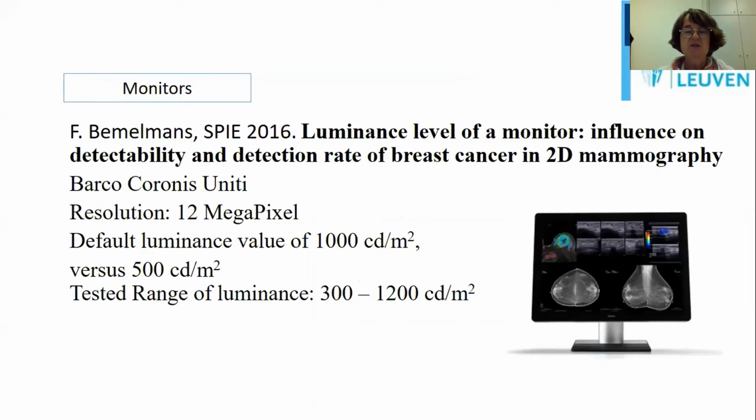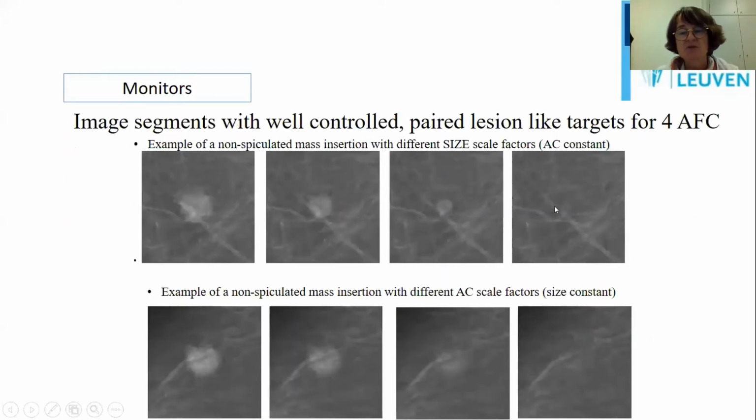Another application has to do with testing the impact of the level of luminance of the monitor. More in particular, in this study, we asked readers to look at regions of interest of mammograms shown with different amounts of candela per square meter on a high quality barco monitor. Here is the type of images that were created.